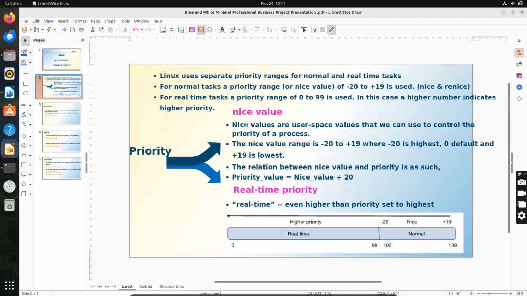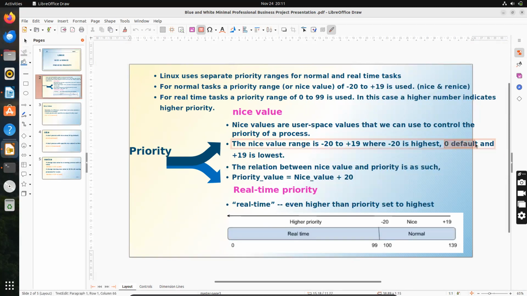These are the two types: nice normal values and real-time priorities. The normal range is from minus 20 to plus 19. Minus 20 is the highest one, so a minus value means higher priority. Zero is the default.